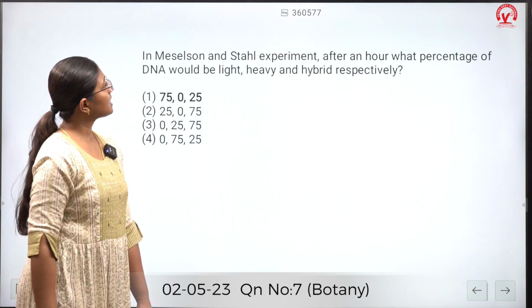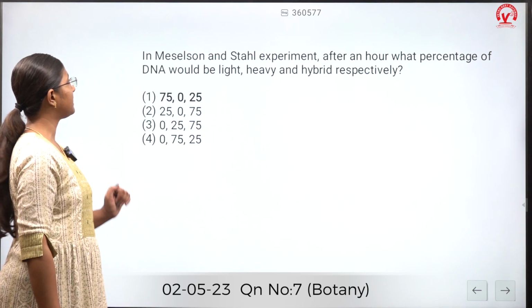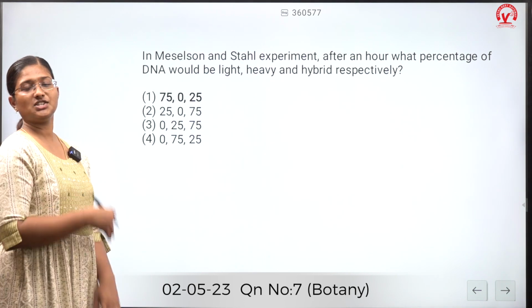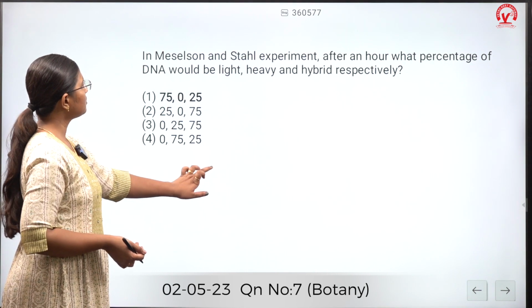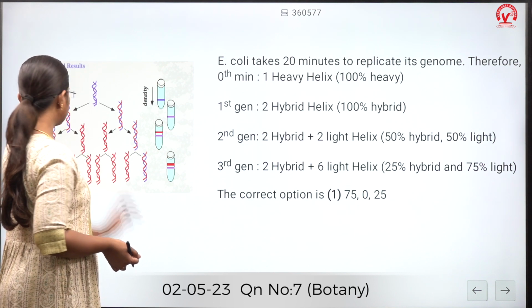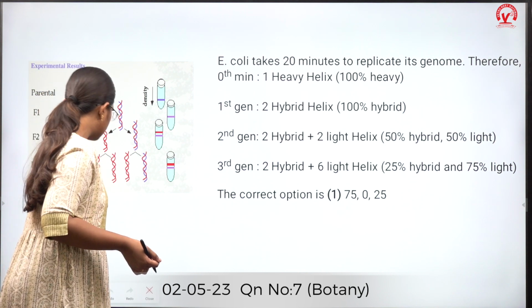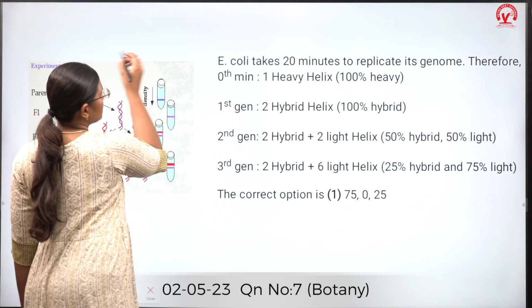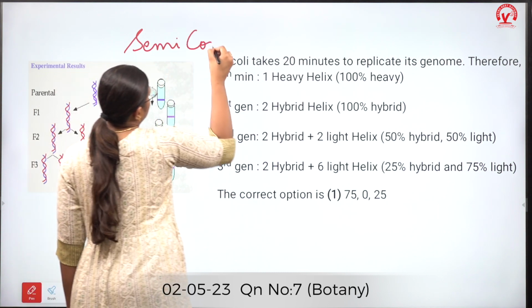In the Meselson and Stahl experiment, after an hour, what percentage of DNA would be light, heavy and hybrid respectively? To find the percentage, we should be aware of the experiment carried out by Meselson and Stahl, isn't it? It represents the semi-conservative model of replication.